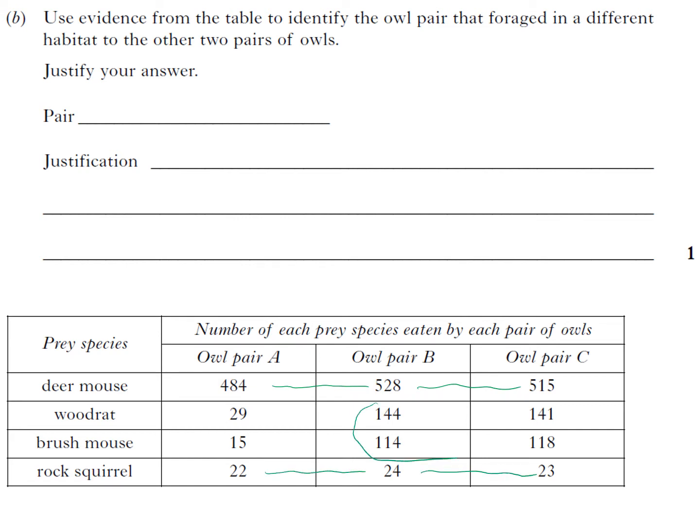But look at this one here. Owl B and C pairs, they have pretty similar proportions of wood rat and brush mice. A, on the other hand, looks totally different. So A is definitely the one that feeds somewhere differently, because the wood rat and the brush mice are so different in comparison to B and C, which are quite similar.